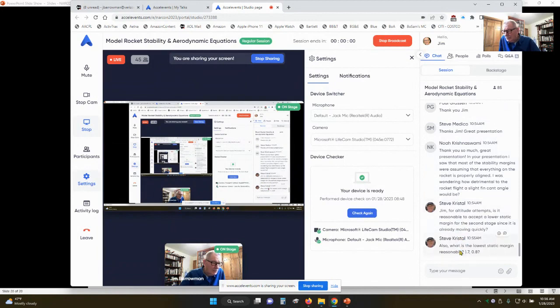And as far as I'm concerned, once you've built the rocket and you start playing with the center of gravity, you can use that as a means to get an idea that you're adequately stable.